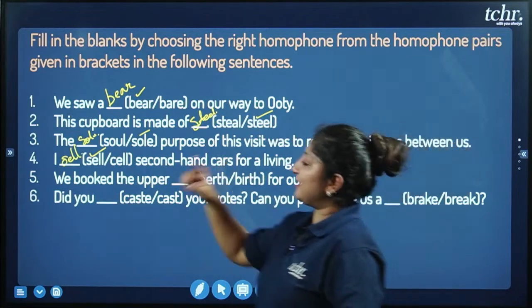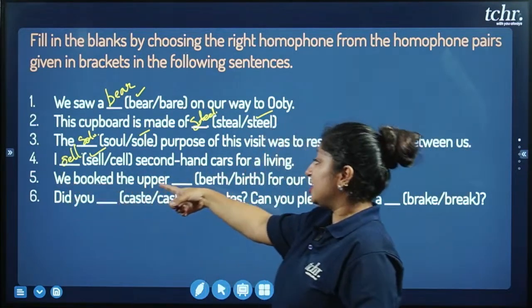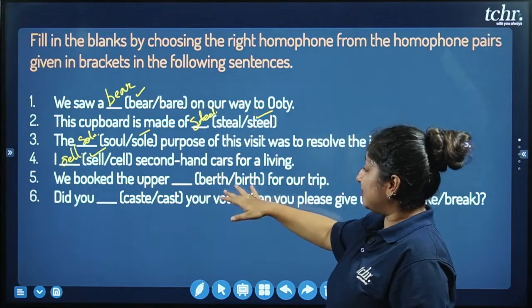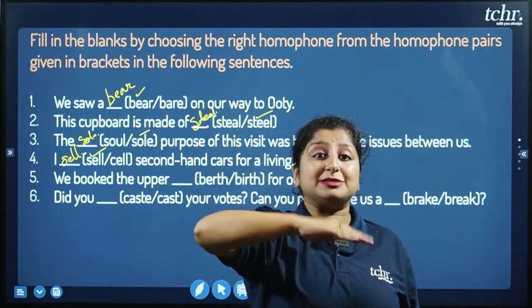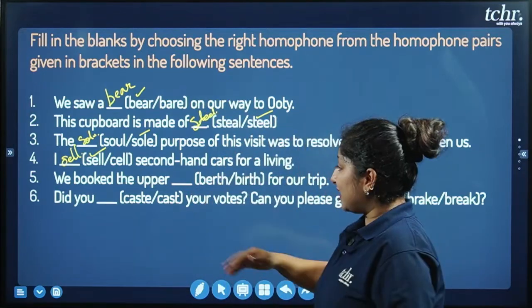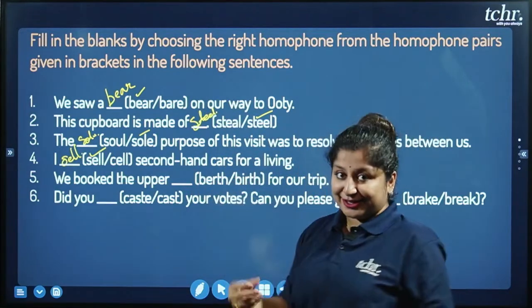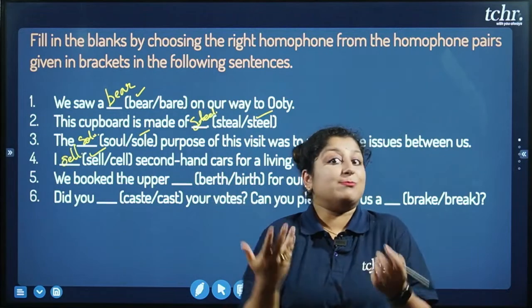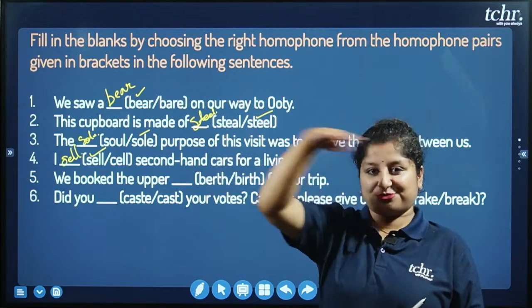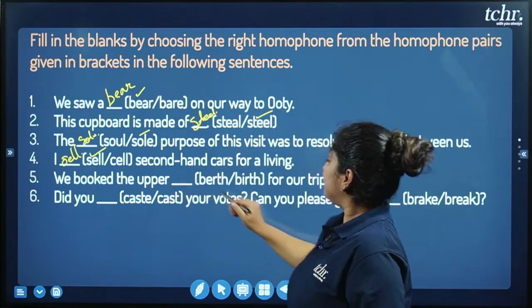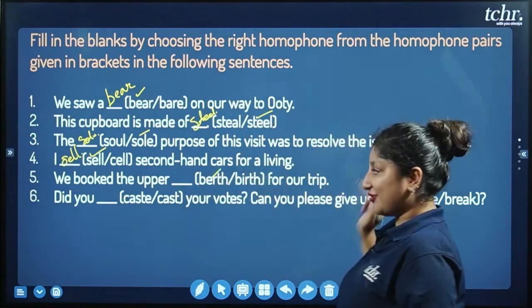Okay? Fifth example, we booked the upper berth. Okay, berth. So in trains, if you see the compartment, they are called berths. Birth is to be born. The other berth is the beds, whichever you see. We booked the upper berth for our trip.